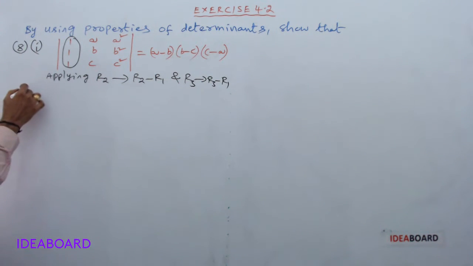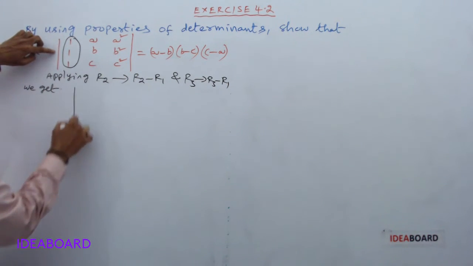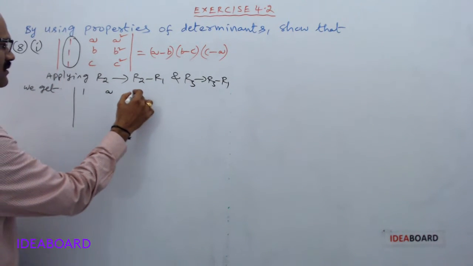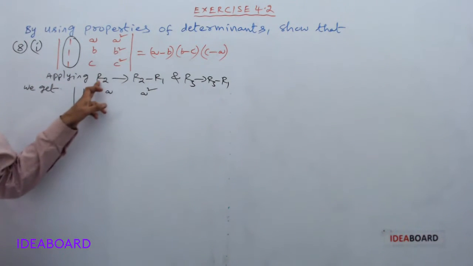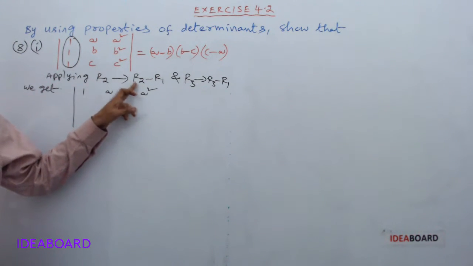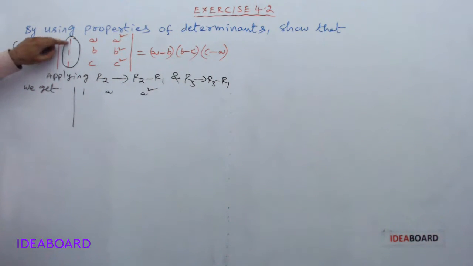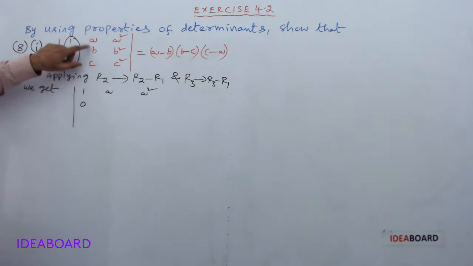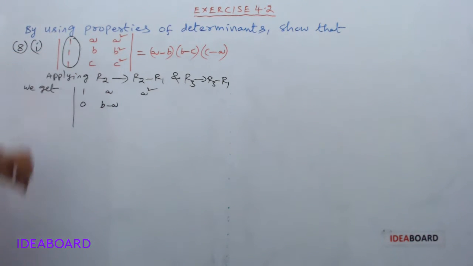We get: there is no change in R1, R1 is the same. So let me write here 1, a, a square. Now R2 changes to R2 minus R1, taking the corresponding elements: 1 minus 1 becomes 0, next b minus a, b square minus a square.